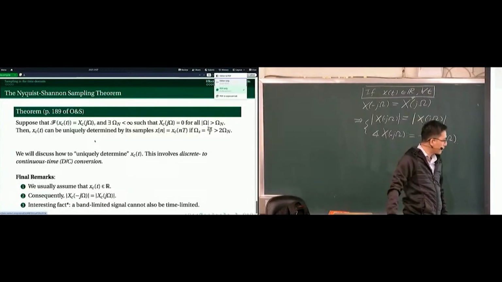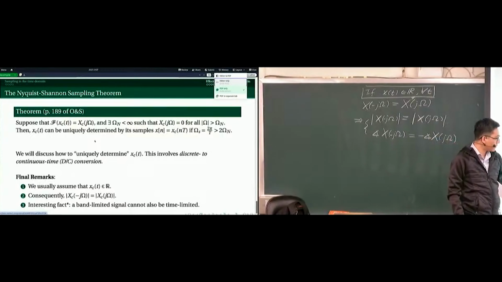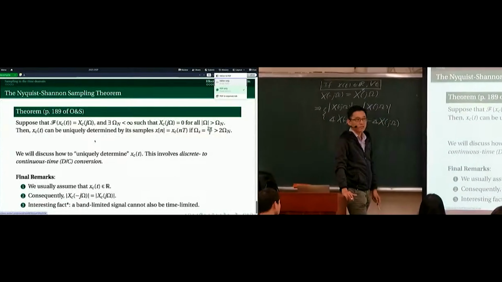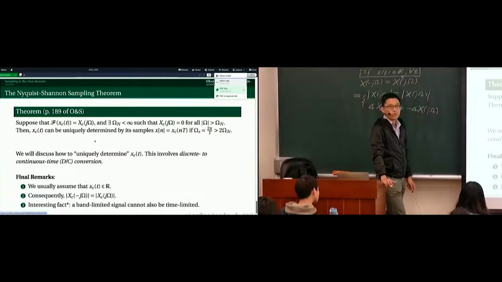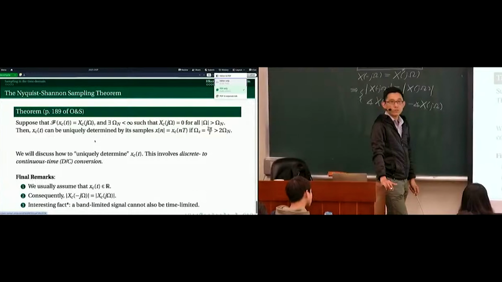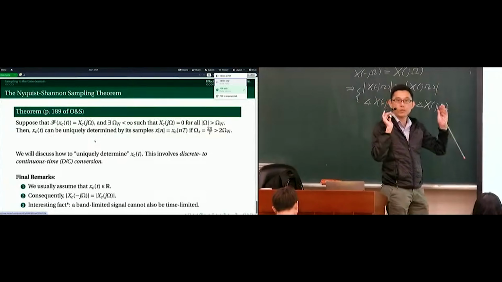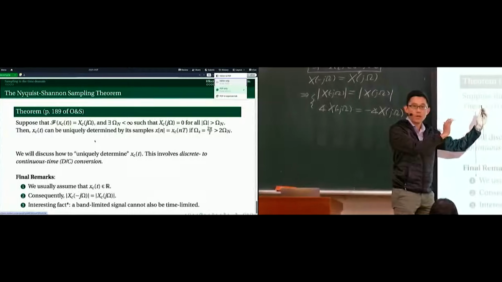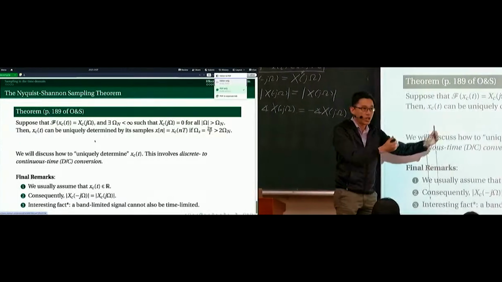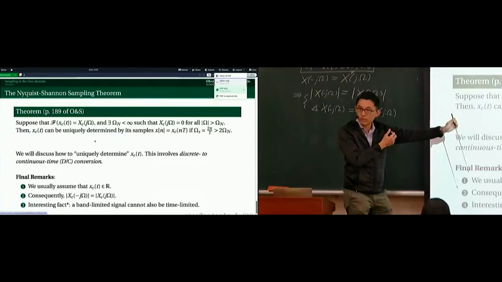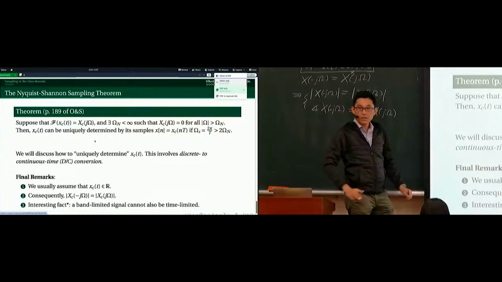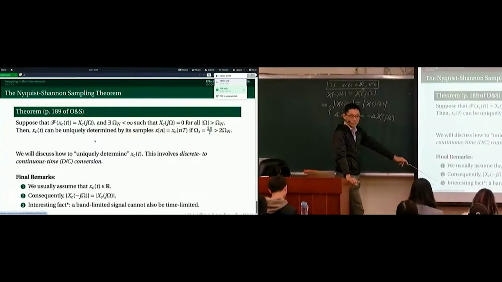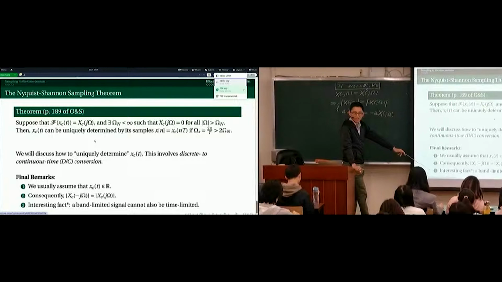It turns out that mathematically, a band-limited signal cannot also be time-limited. It's impossible for a function to have a limited bandwidth in frequency as well as a limited duration, a limited length in time. Mathematically it's impossible, and we can prove that later in the semester if you're really interested.